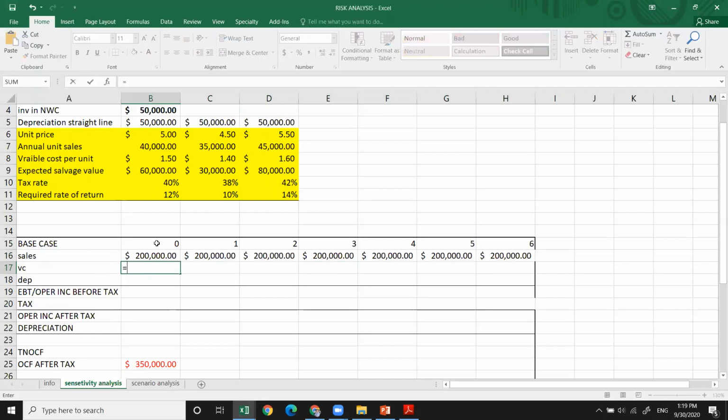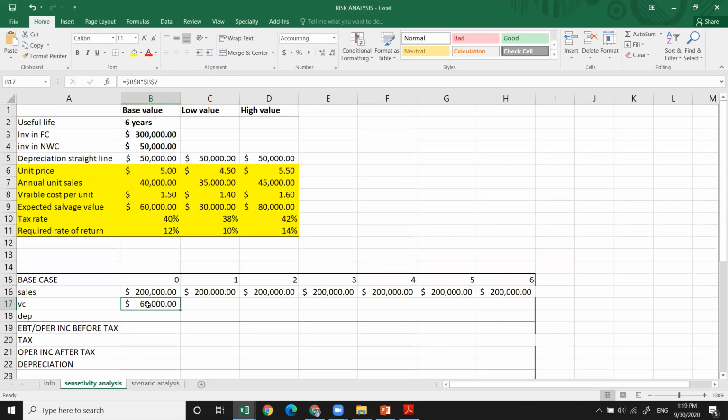Now variable cost, as we know, is the unit variable cost per unit times the unit sales. We don't have the fixed costs in this example, just for simplicity.